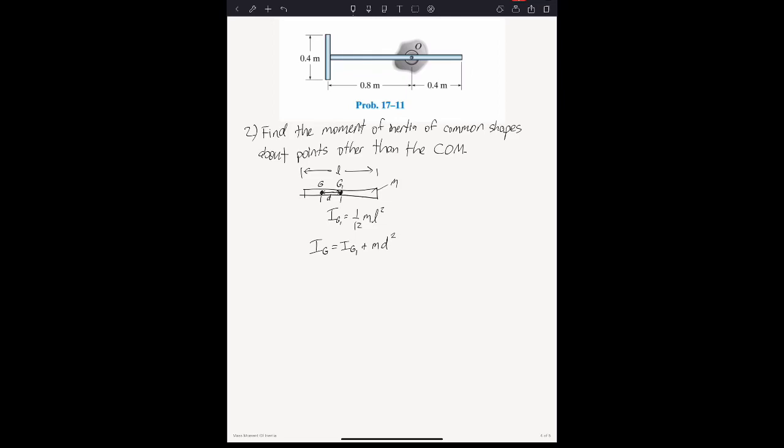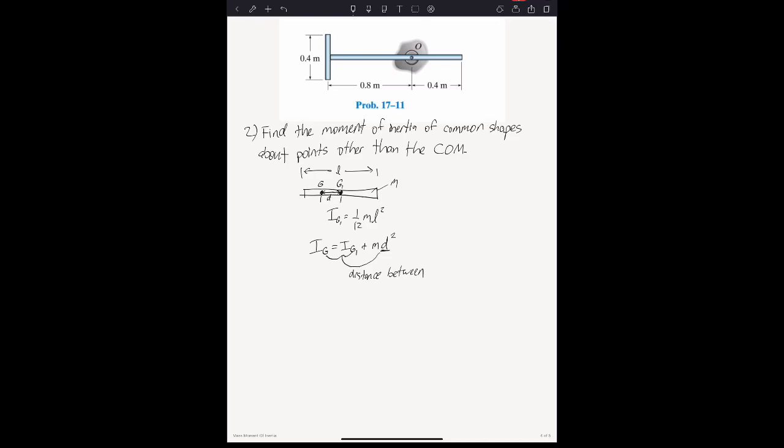That distance is d, the distance between the 2 points. This d represents the distance between here and here.